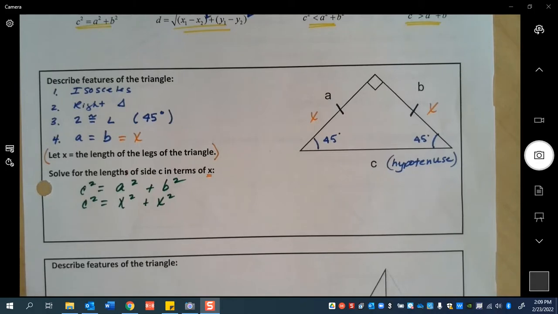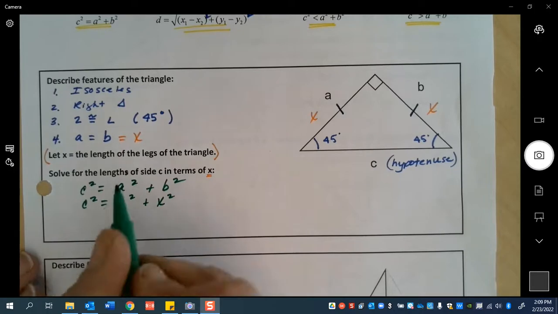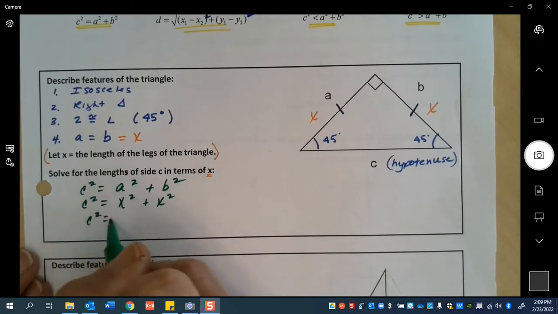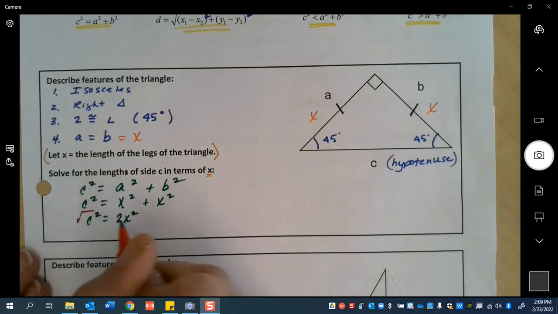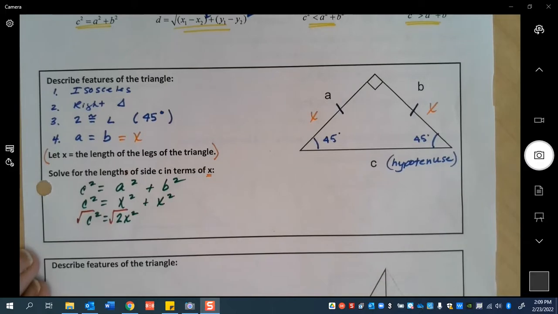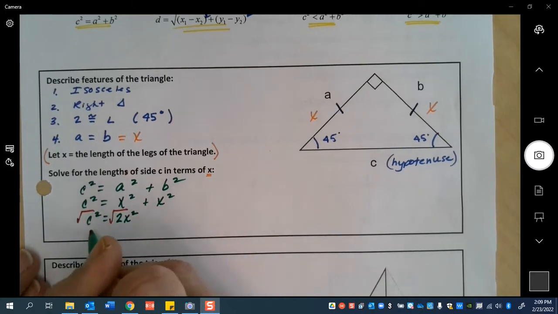If Donovan has 1x squared and I have 1x squared, how many total do we have together? Yeah, together we have 2x squared. Remember we talked about how you can solve using a property of equality that allows you to take the square root of each side. So the square root of c squared is c.